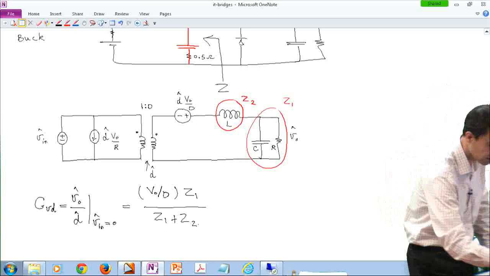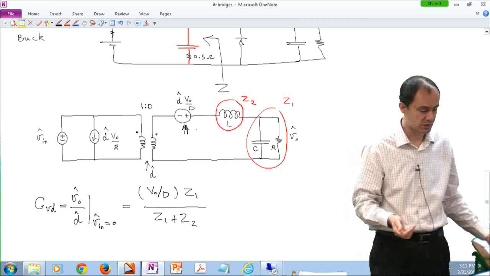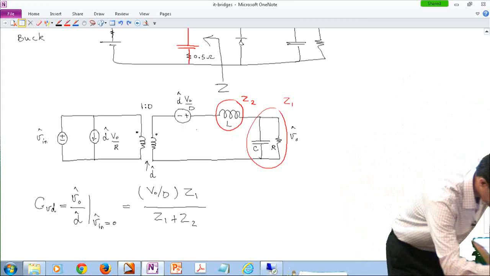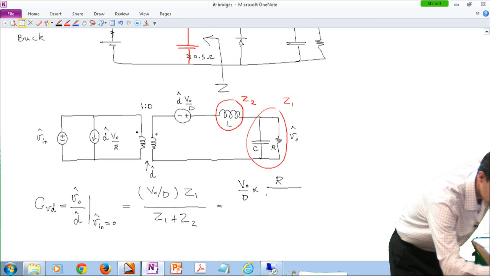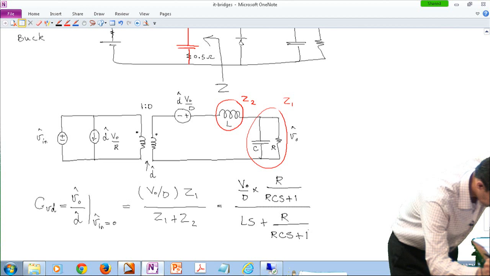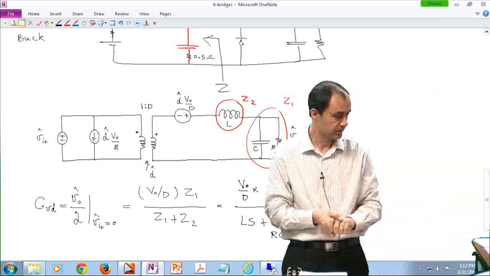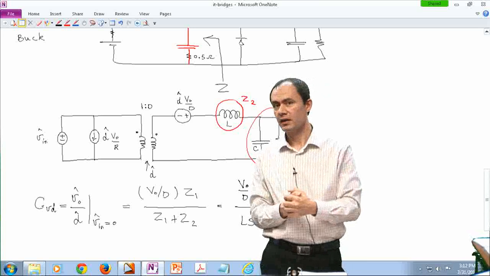All that is happening is these perturbations over here are going to be reflected to the output side using this impedance divider. That's it. And if you remember, it looked like this. And we had that quadratic form and everything like that. Okay. So this is when we do not have a filter.